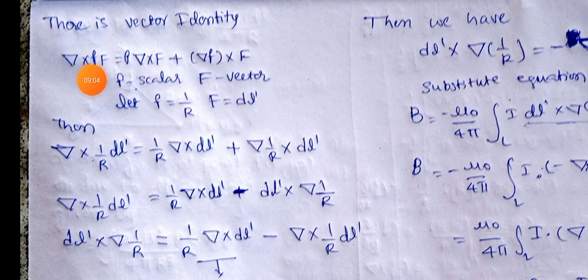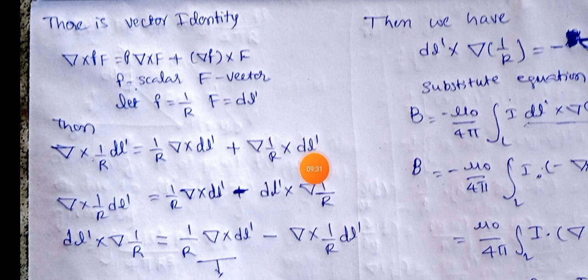Del cross (small f times capital F) means small f is 1 by r and capital F is dl dash. So del cross f F means 1 by r times (del cross dl dash) plus (del of 1 by r) cross dl dash.